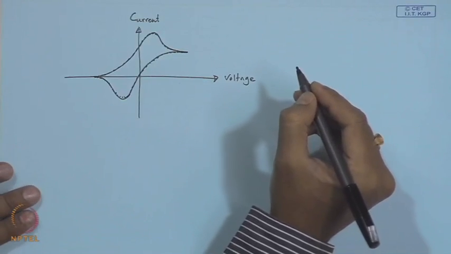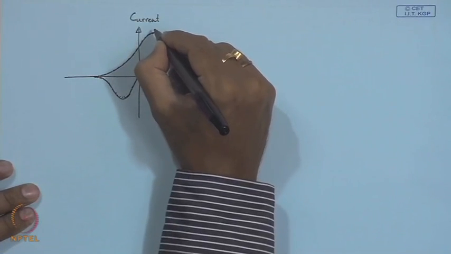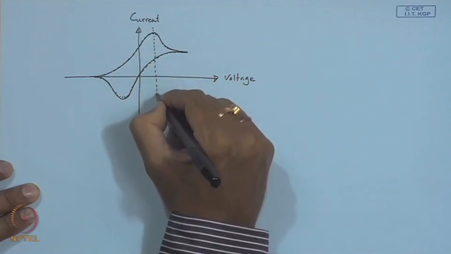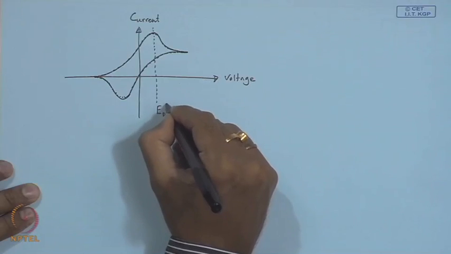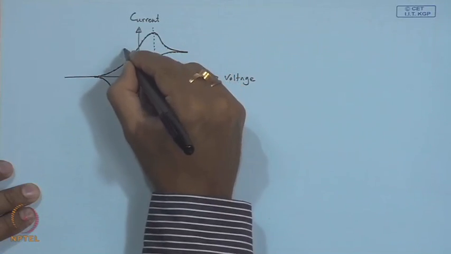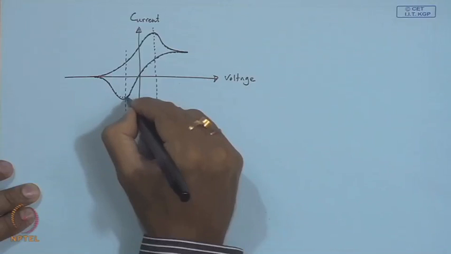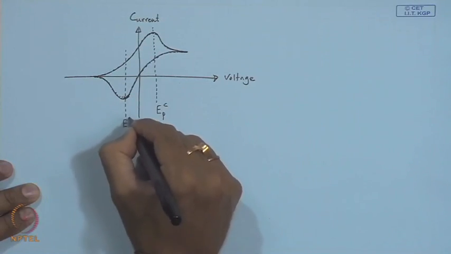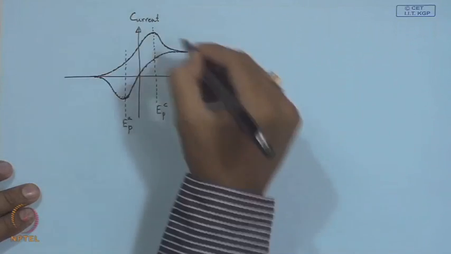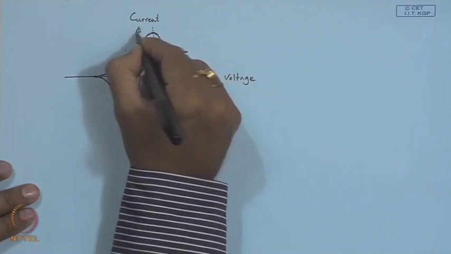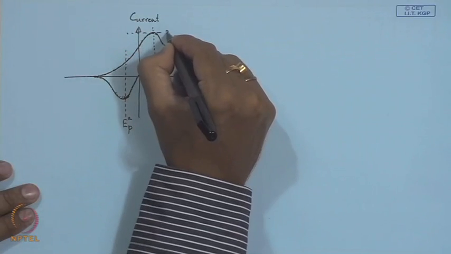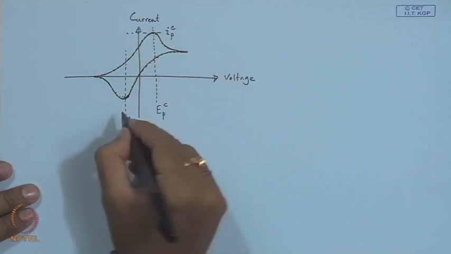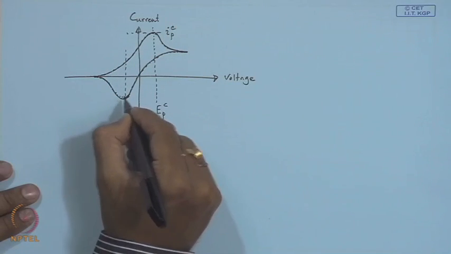So, this is your cathodic EPC, and this is EPA, I mean the E value corresponding to the peak position, and this is your IPC, and this is your IPA.